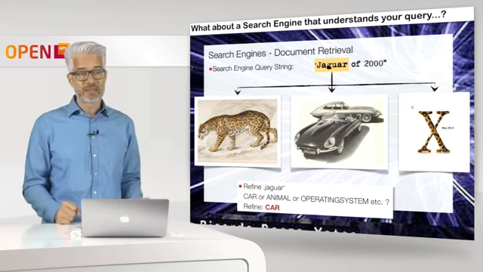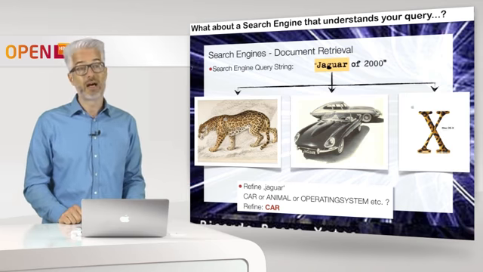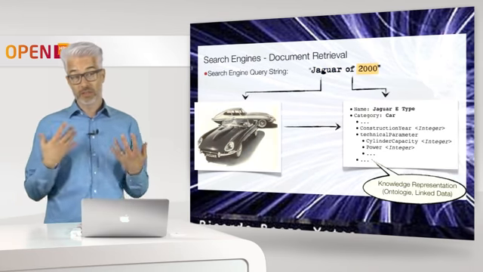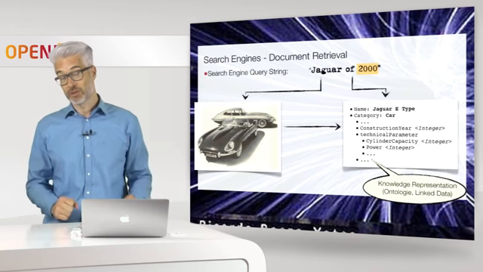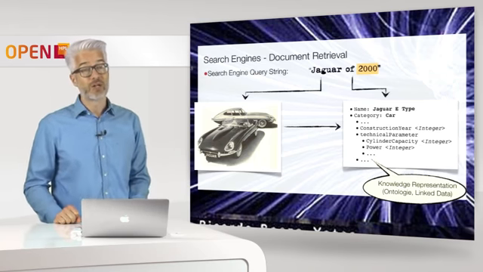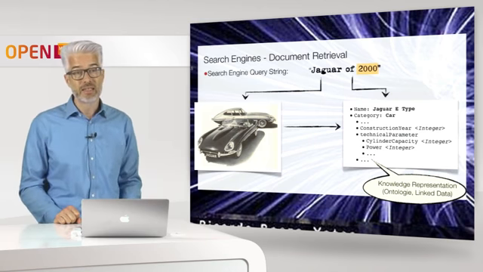So now let's suppose we refine this to the car and we want to have information about the car. Then the search engine also has to consider what the rest of the search term means. So what does "of 2000" mean? For a car, it can be some kind of a technical parameter.